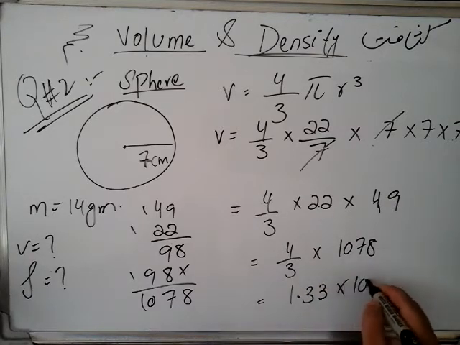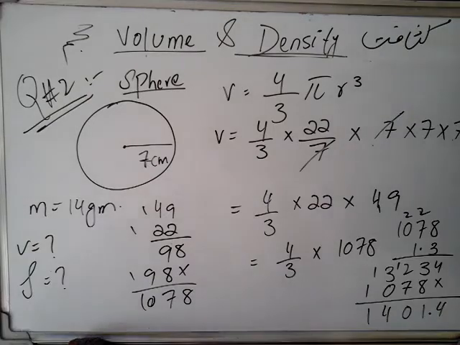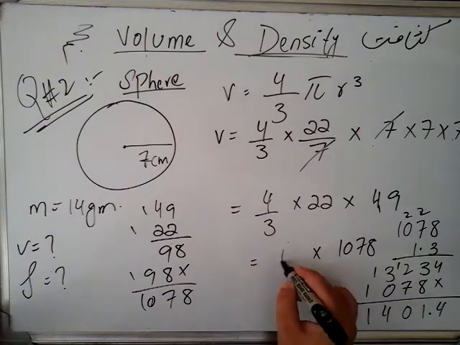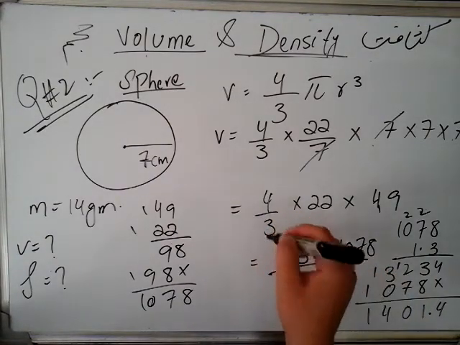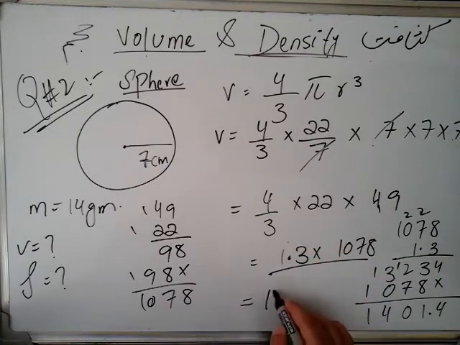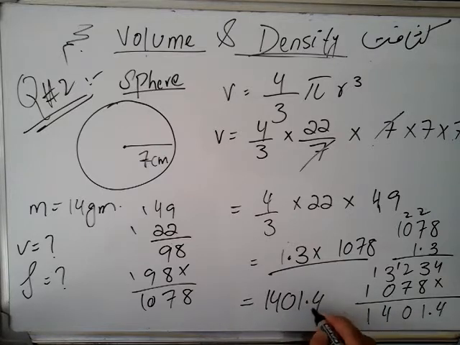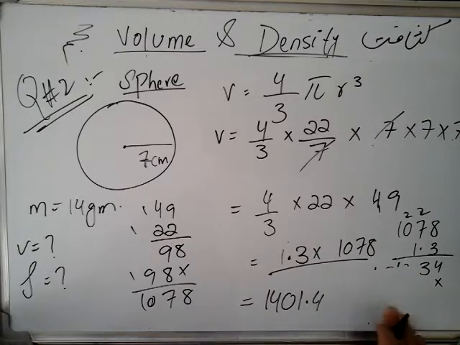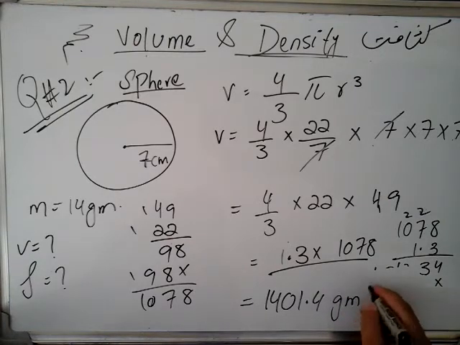So if we multiply 1078 with 1.33, we get 1,401.4 gram per centimeter cube.